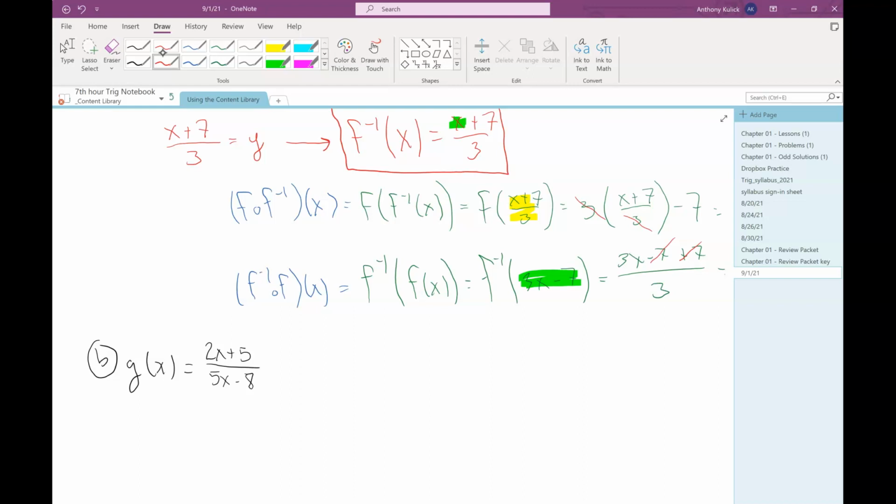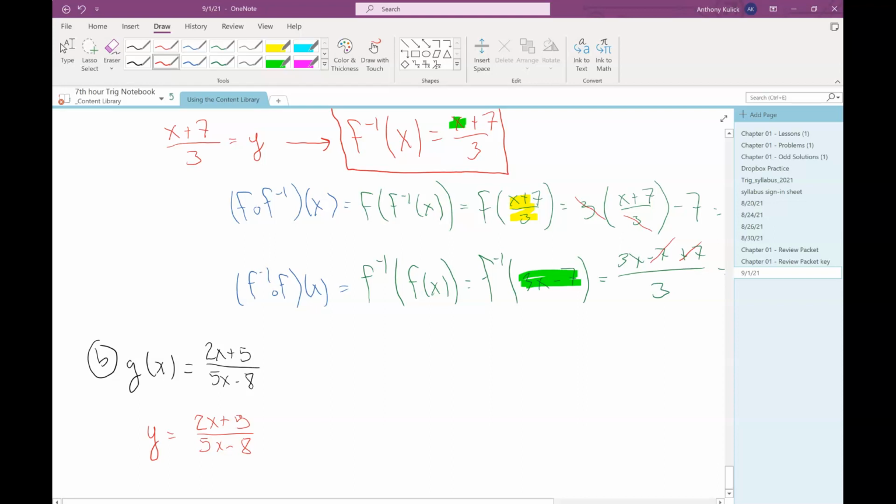My procedure in general is going to be the same. The details will be a little bit different though. I'm going to start by getting rid of the function notation. And then I'm going to want to get the x by itself. The problem here that makes this much more difficult than the previous one is I have x's in 2 locations instead of 1.